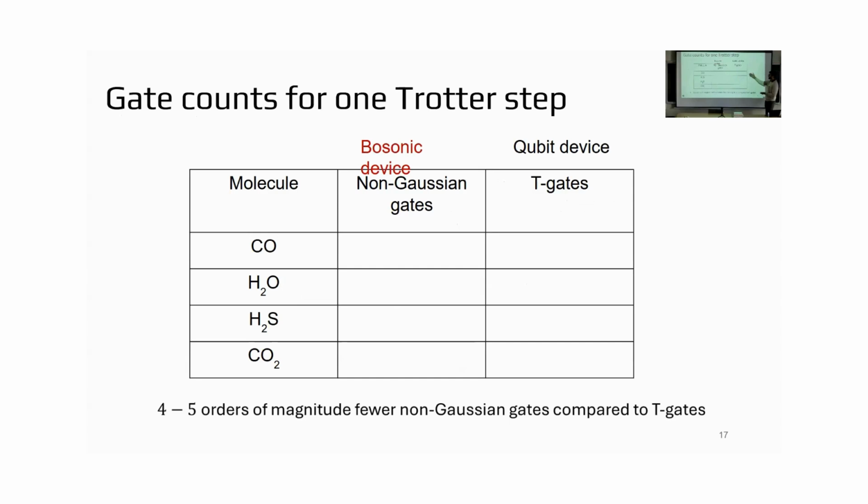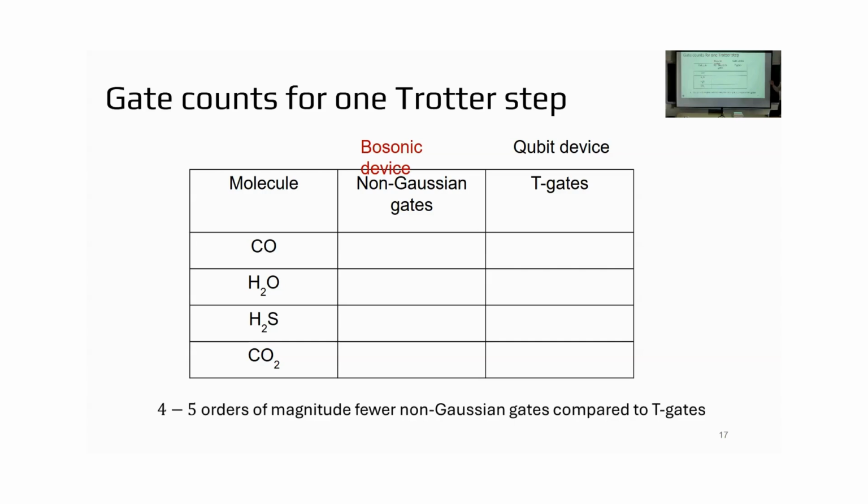And the numbers for the T gates for a similar approach on a qubit-based device are hundreds of thousands, maybe tens of thousands. So you have 4 to 5 orders of magnitude fewer difficult gates: the non-Gaussian gates in the bosonic case, T gates in the qubit case. So just switching devices is giving you a very significant speedup here.